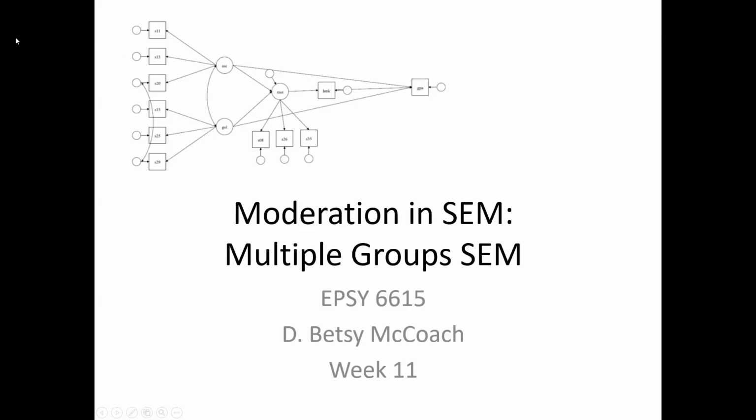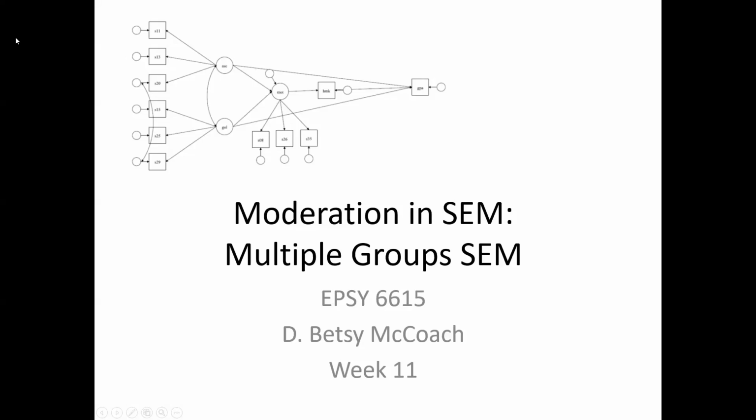Sort of in a logical list that I hope will make sense to you. We'll talk about multiple groups SEM first. We'll do our M+ example. And then after that, we'll talk about other ways that you can test for moderation in SEM. This becomes especially useful if you have continuous variables.